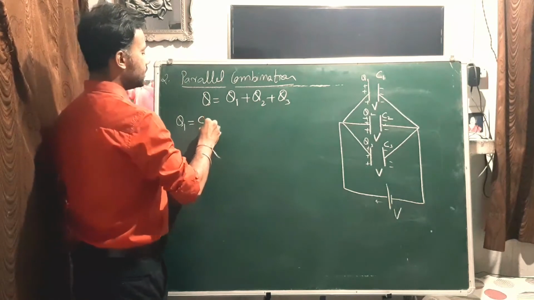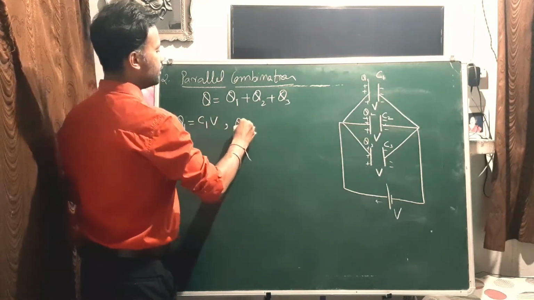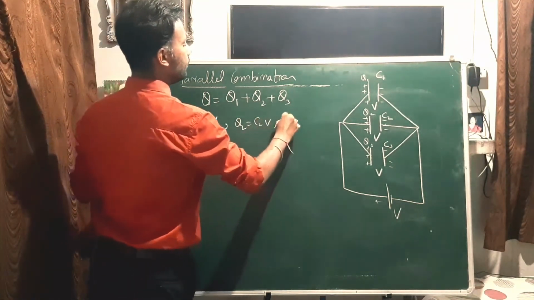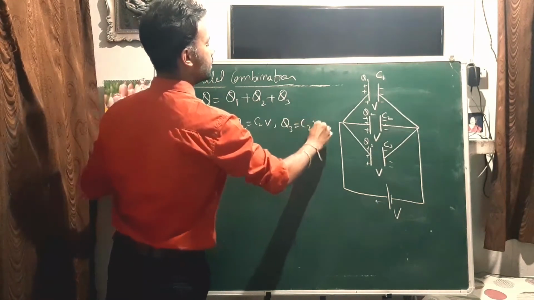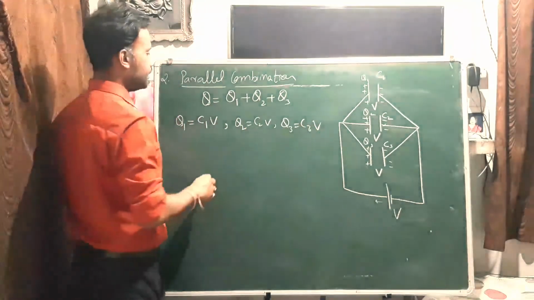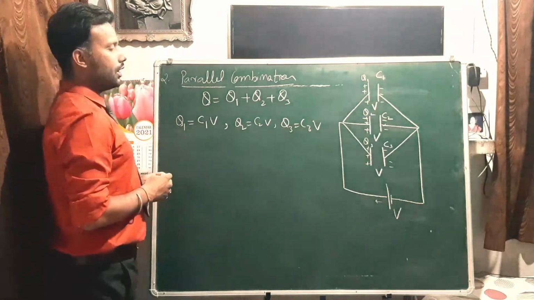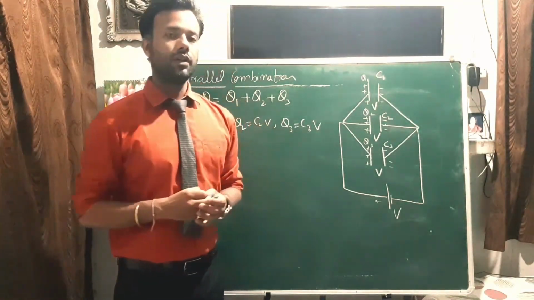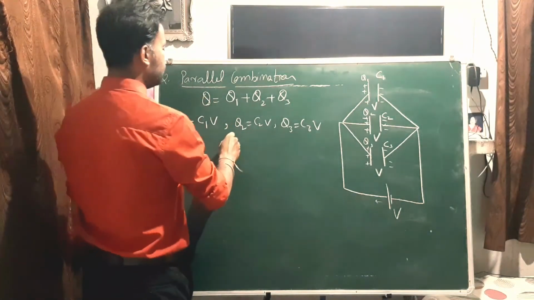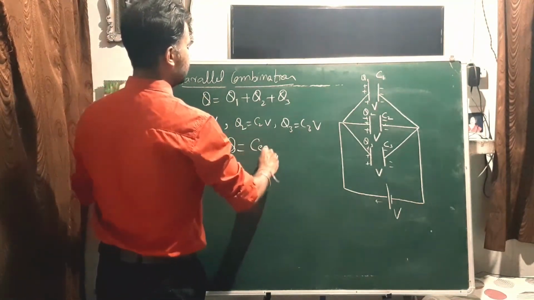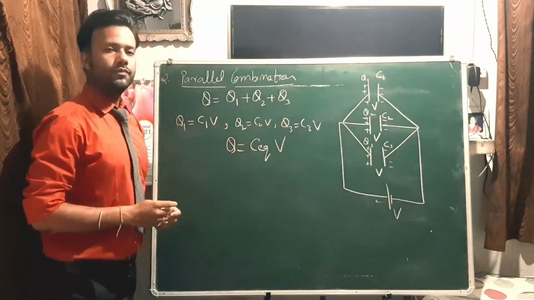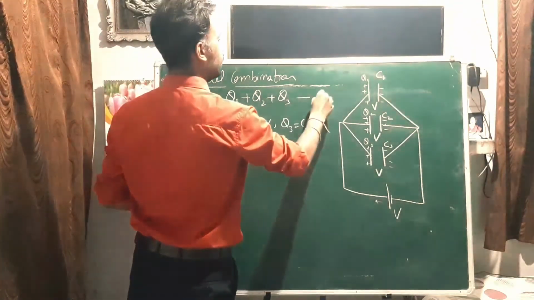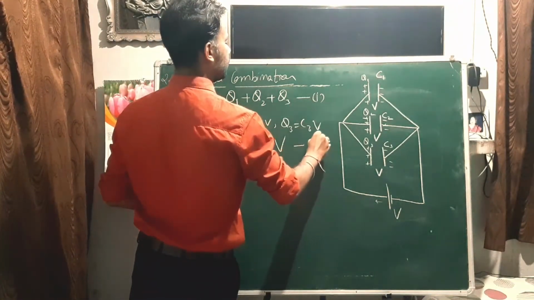Similarly Q2 will be C2V, and Q3 will be C3V, right? Also, if we calculate the total amount of charge, then it will be Q equals C equivalent into total source voltage, right? This is equation number 1, this is equation number 2.